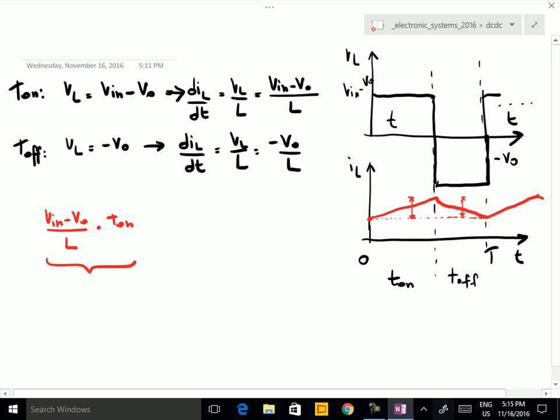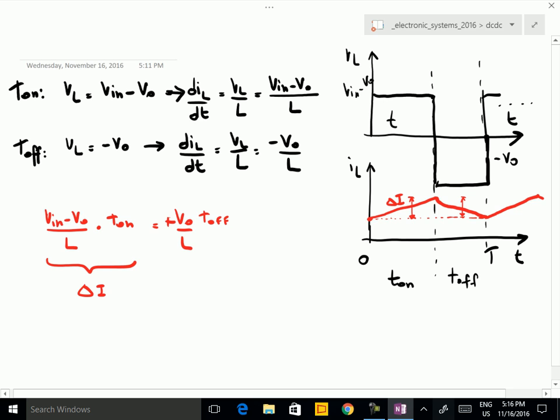This is delta I. But of course this must be identical to the same delta I computed during T off, which is minus VO over L, the derivative of the current with respect to time, times T off. So the two things must be identical, and of course once I have them, I can extract VO and have it as a function of V in.